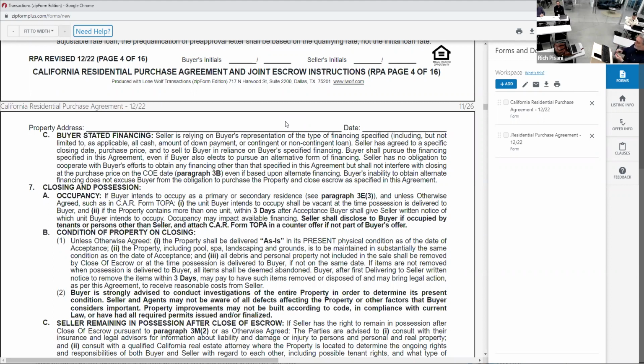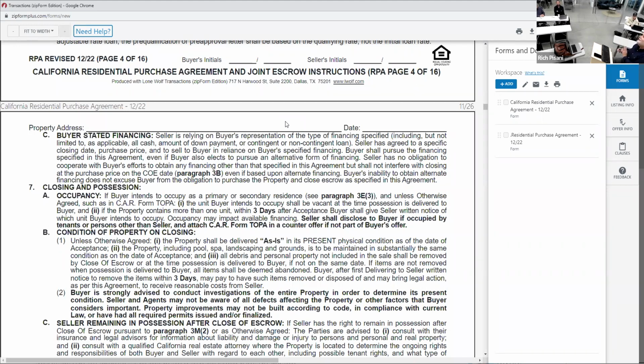And I agree to a timeline, I agree to all of this stuff based on what you told me to do. So what the seller doesn't have to do is cooperate with the buyer to pursue this alternate thing. So if it's going to take longer, seller doesn't have to do it.